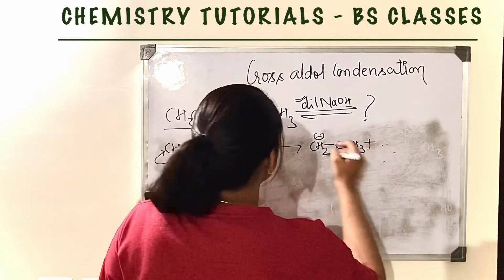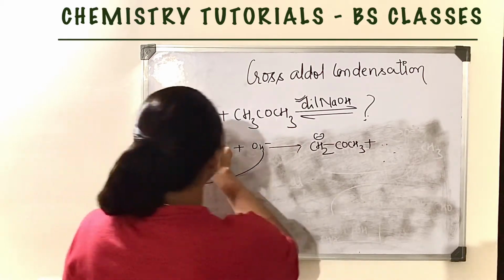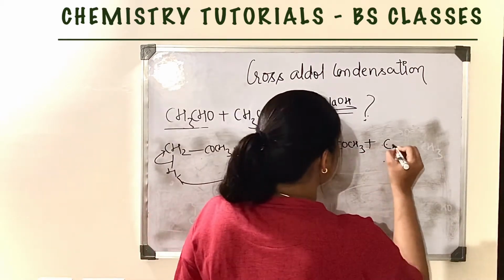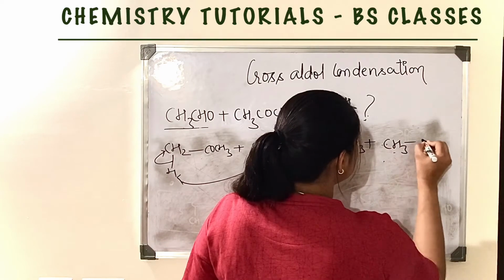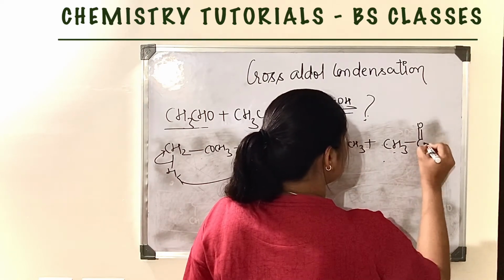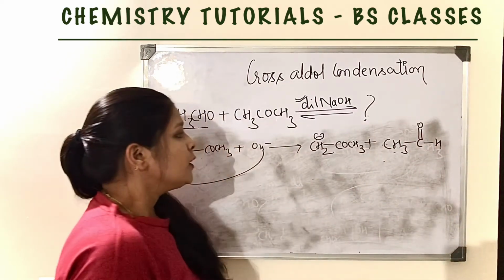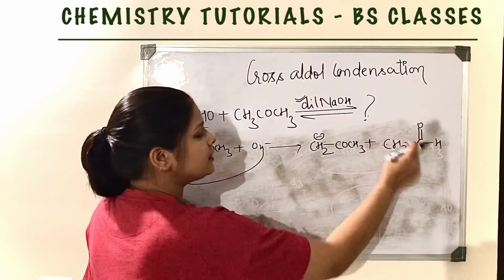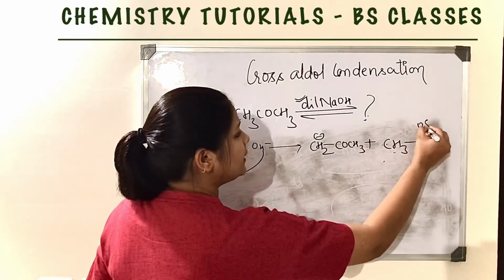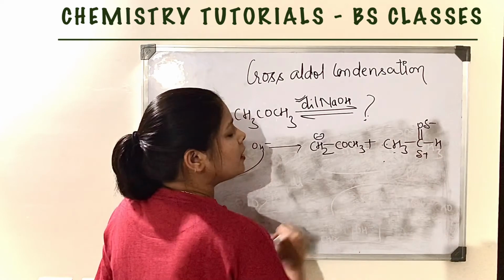That means we take this aldehyde, another molecule of aldehyde, as an electrophile, that is CH3C double bond OH. Due to electronegativity difference, there is a creation of partial negative and partial positive charge.